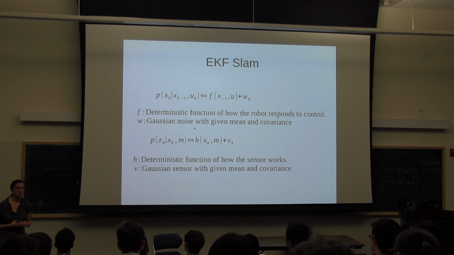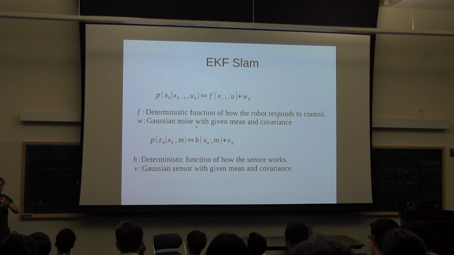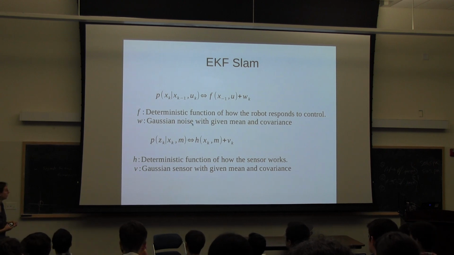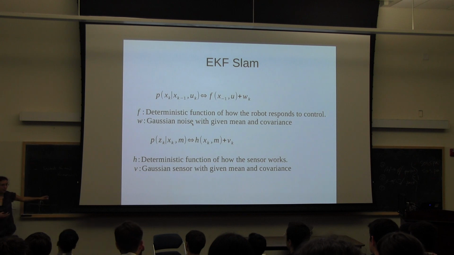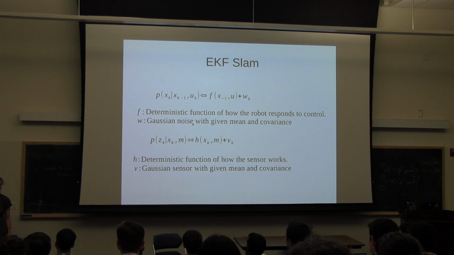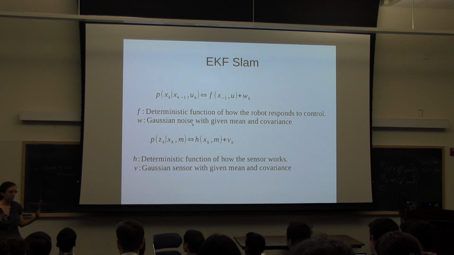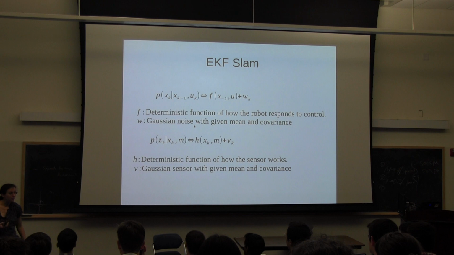Is that our landmarks? Yeah, so just to make it really simple, let's make it one landmark, but it can be lots of landmarks. What should I draw for M? In real life, with no error, it's an XY position.